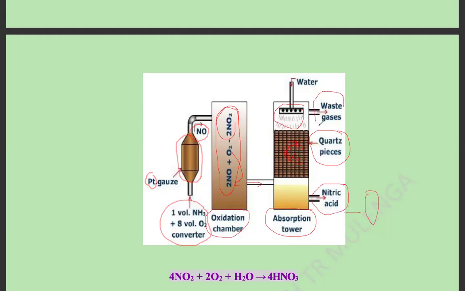And then the waste gases, such as the nitric oxide that did not react, the nitrogen dioxide that did not react, and the water vapor, are lost as waste gases.